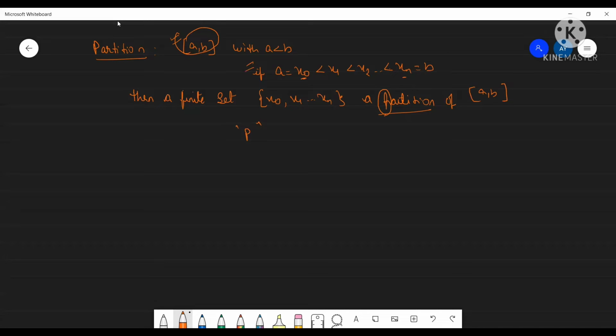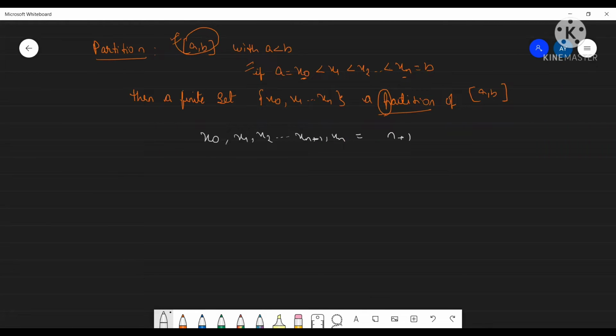Now tell me, what is this called in this case? If you have x naught, x1, x2, so on up to xn minus 1, xn, what are these all called? They are called n plus 1 partition points.